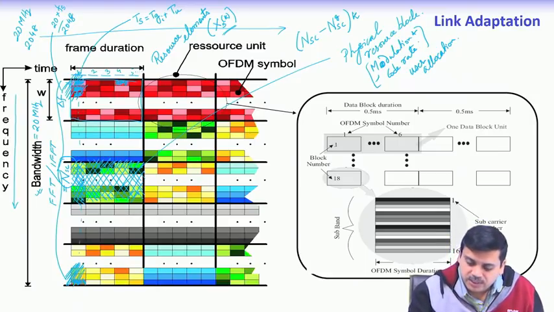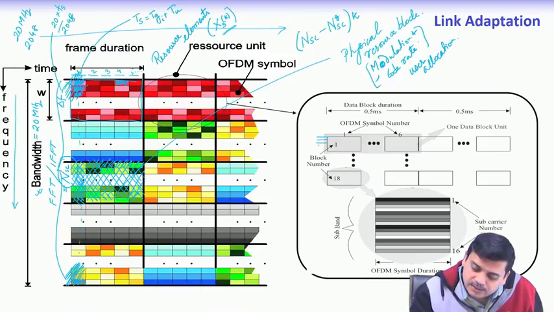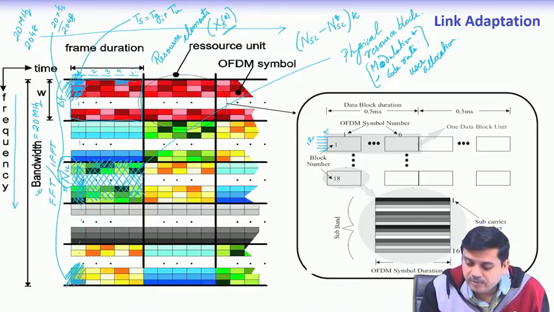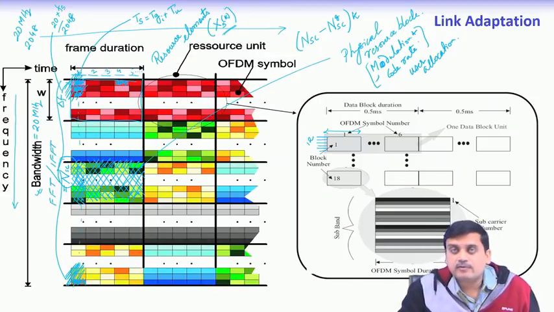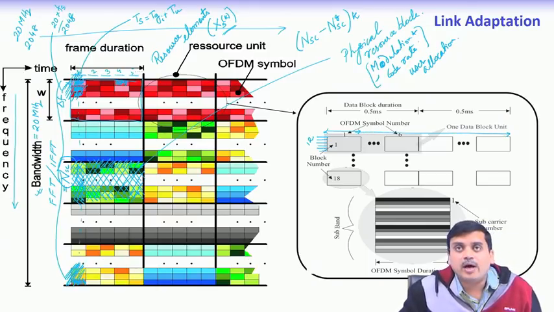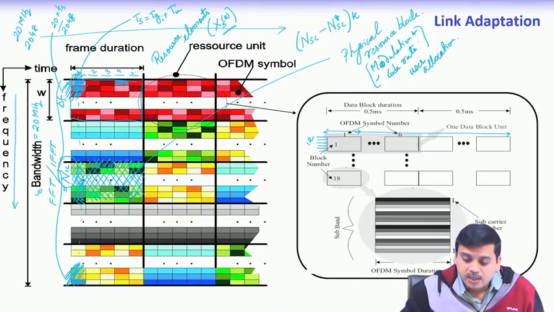So, in each of the blocks in LTE systems, there would be 12 subcarriers, and they will be grouping 1 millisecond of OFDM symbols to form one physical resource block, and these resource blocks are grouped together in order to do any allocation of modulation, code rate or user allocation.